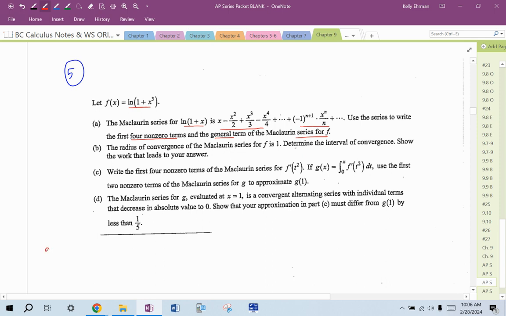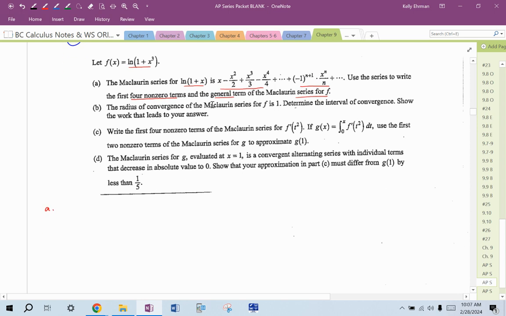So this is one that we can build just like we did with our 4 memorized series for sine x, cosine x, whatever. The only difference between this expression and f of x is we're basically plugging in an x cubed for x. So we can say that ln of 1 plus x cubed is equal to, instead of x, x cubed.